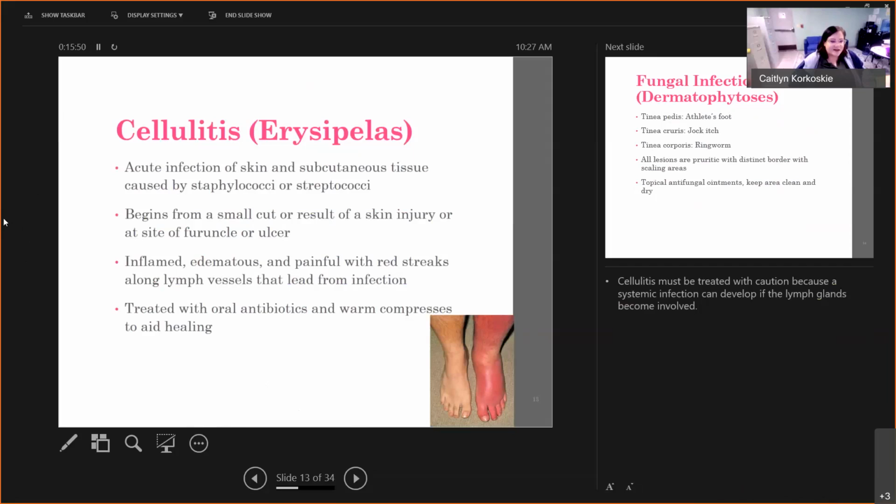So cellulitis is an acute infection of the skin and subcutaneous tissue caused by a staph infection as well. Usually it happens from a small cut. It can be caused by, for example, someone shaving their legs.